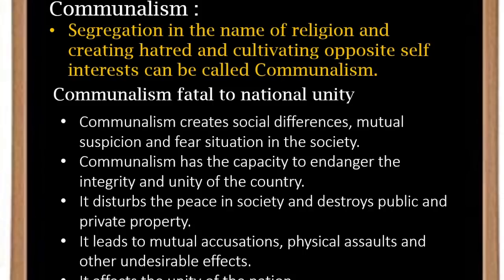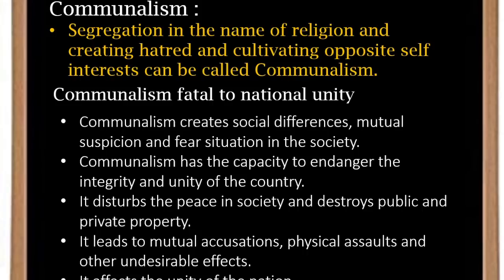So, mutual accusations and sometimes physical assault, attacks on individuals and other undesirable effects. People get wounded, people get injured, some people may die, there will be destruction of life, there will be destruction of property. All these are not desirable. They are undesirable effects, and these are all caused due to the feeling of communalism.